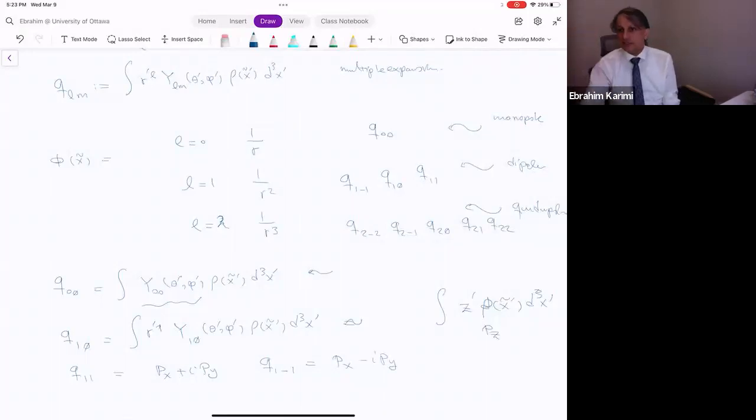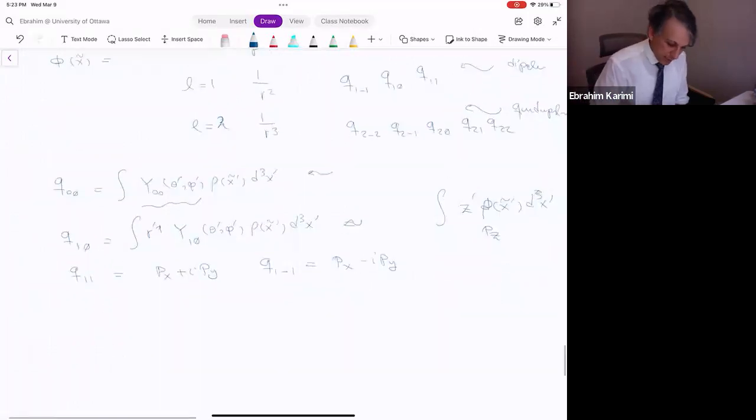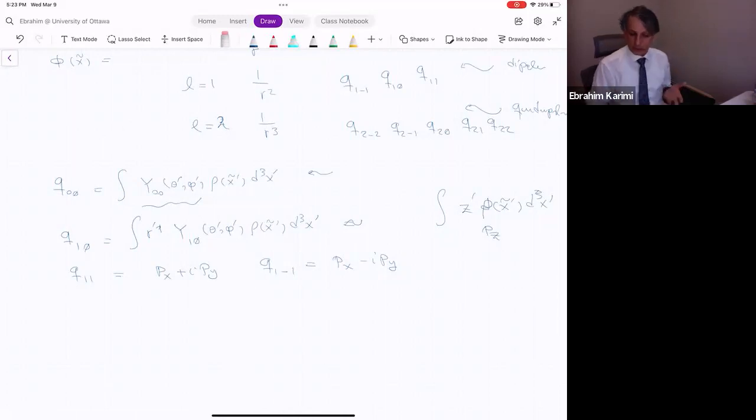The expansion works because Y11 is essentially P1 times e to the power of i phi, and e to the power of i phi you have to expand in terms of cosine and sine, and then you get the relationship we were looking for. It's easy. If you do the mathematics, you will get it immediately. The same story holds for Q22, Q20, Q21, Q2 minus 1, etc. And finally, you will get all the relationships.